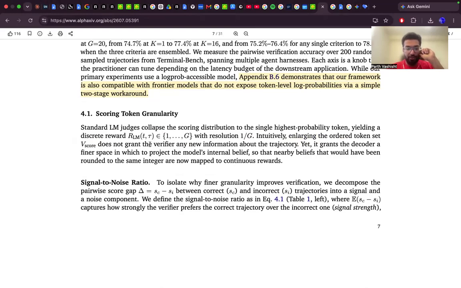Yet it grants the decoder a finer space in which to project the model's internal belief. Yes, that is exactly what we discussed. So that nearby beliefs that would have been rounded to the same integer are now mapped to continuous rewards.